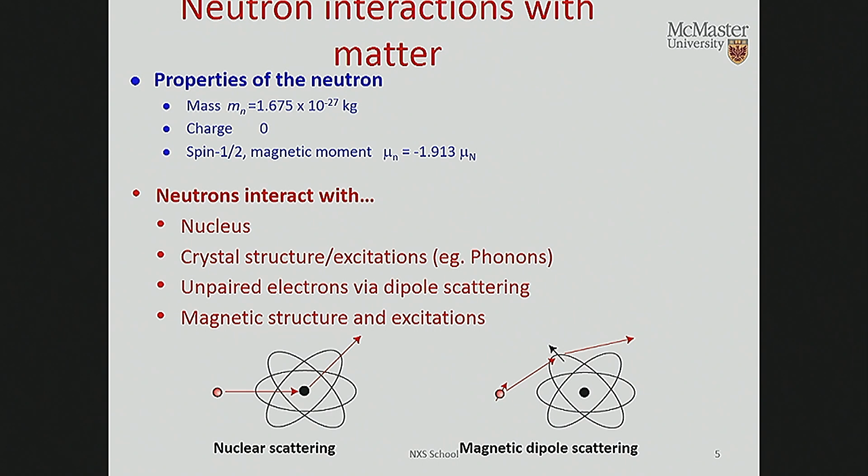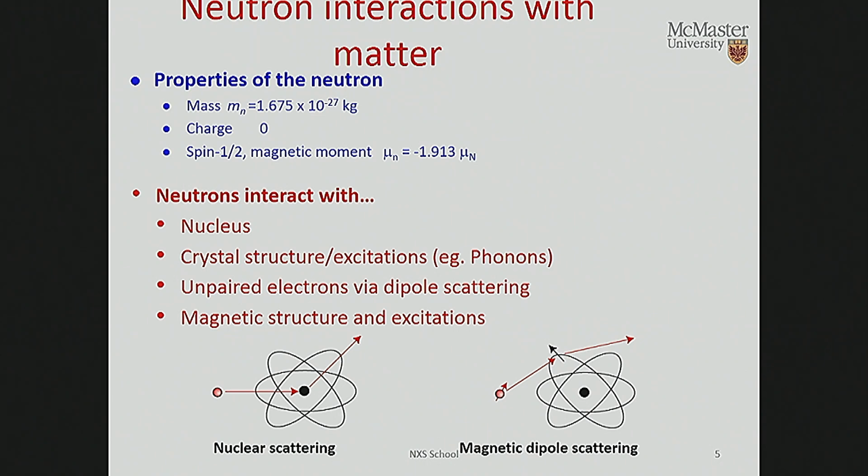The nuclei in atoms are made up of protons and neutrons. So the neutron's going to have a hardcore interaction with the nucleus, essentially some sort of billiard ball type interaction, and that's how it's going to sense that the atoms are there if it doesn't do so via the magnetic interaction.